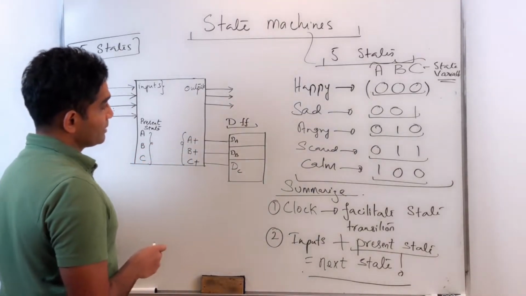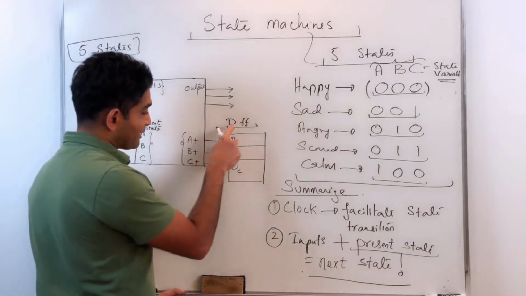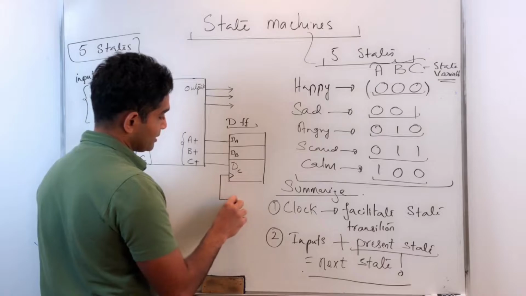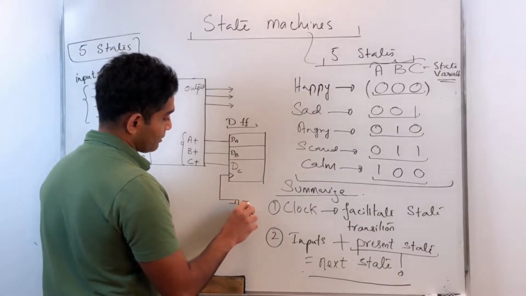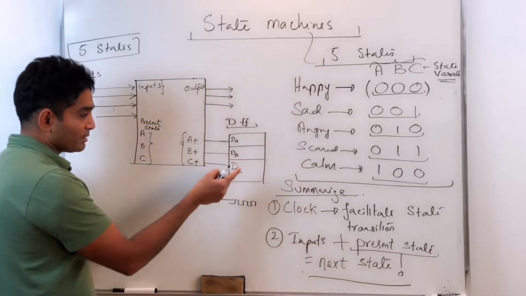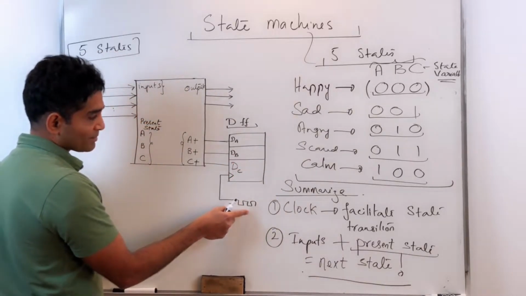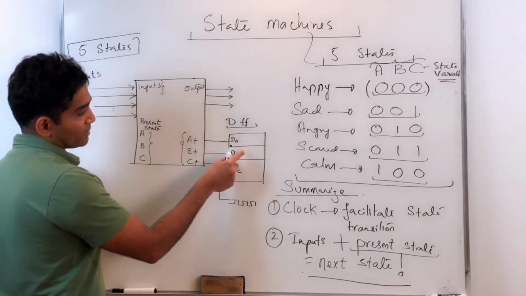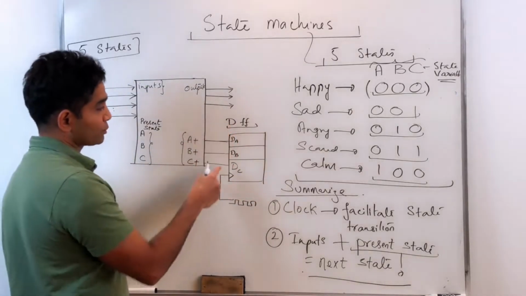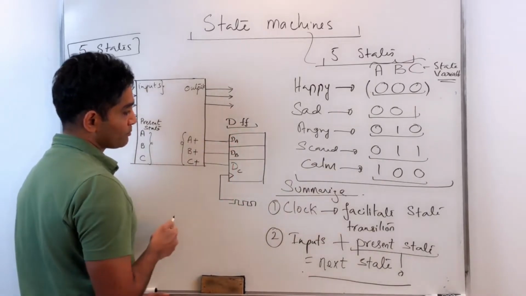So that's my next state being fed to these flip-flops, and I assume that of course I'm applying the clock. This clock is internally applied, even though I just show it for DC; the same master clock is also internally applied for DB and DA. Although I don't show it explicitly there, you can assume that it's there.